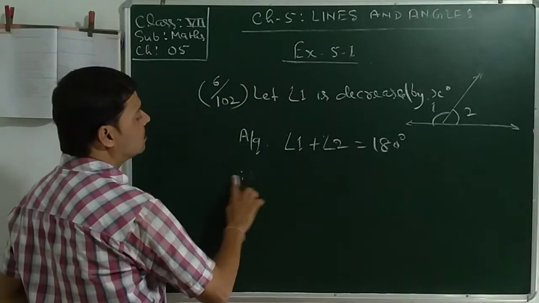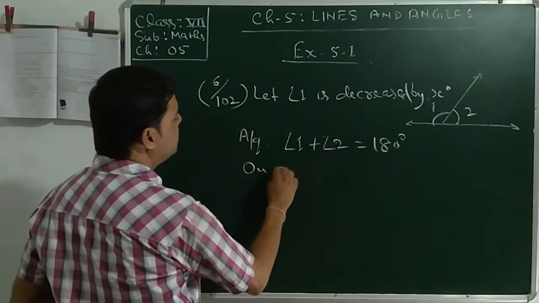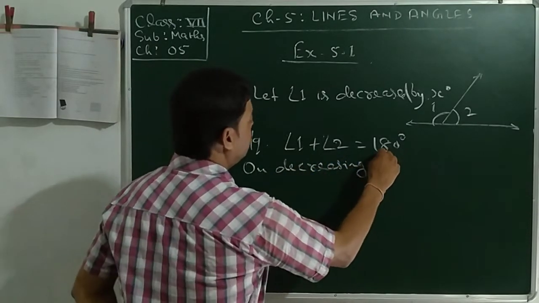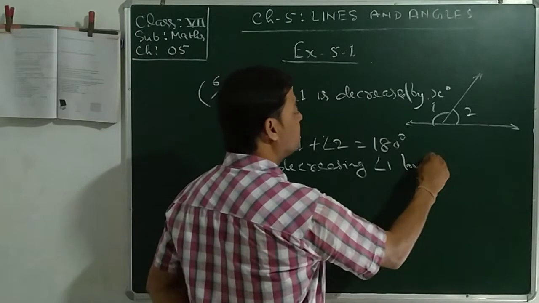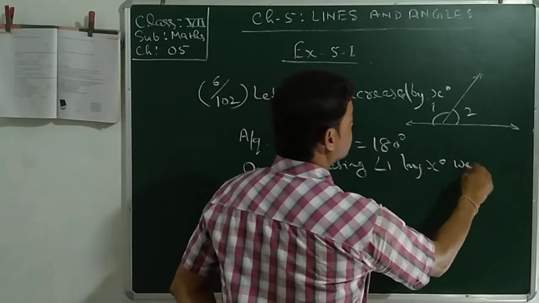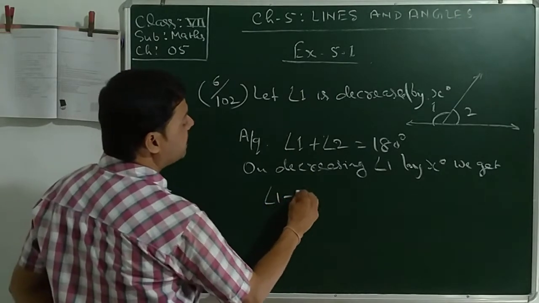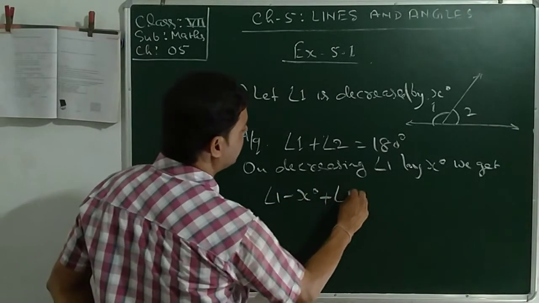On decreasing angle 1 by x degree, we get angle 1 minus x degree plus angle 2.